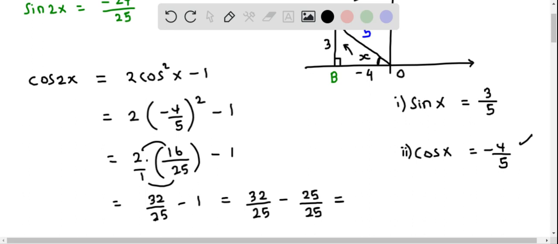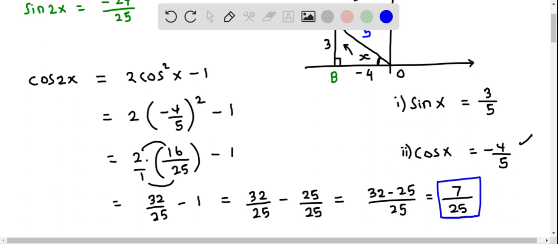So we now have the common denominator, which means we can combine the numerators: 32 minus 25 over 25, and 32 minus 25 is 7, so it becomes 7/25. So we found that cosine 2x equals 7/25.